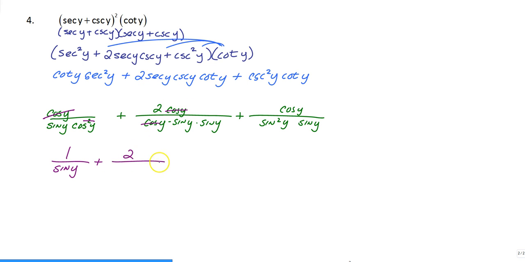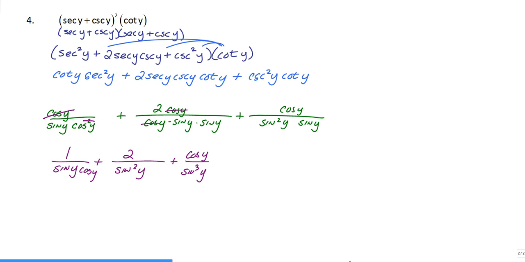So this simplifies to 2 over sine squared y plus cosine y on top and sine cubed y on the bottom. Okay? So after all of that, I'm sorry, we also have a cosine y way back at the beginning. Almost forgot to write him.